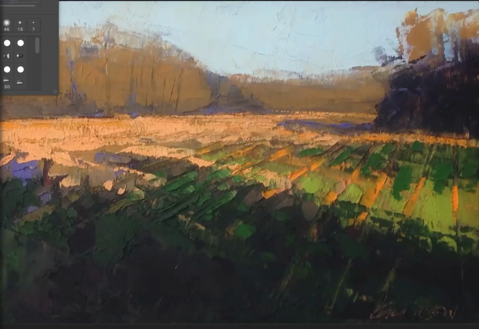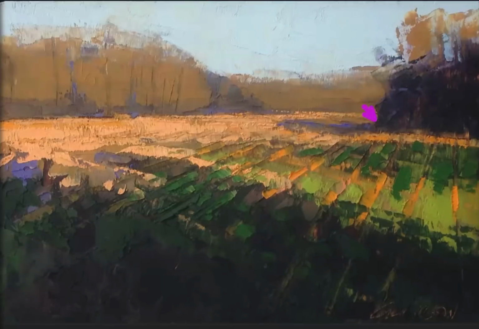If you have any doubt at all, the focal point is right here. What has made that the focal point is that there is stronger contrast right there in that spot in value, hue, intensity, and temperature than there is in a lot of other spots in the composition.